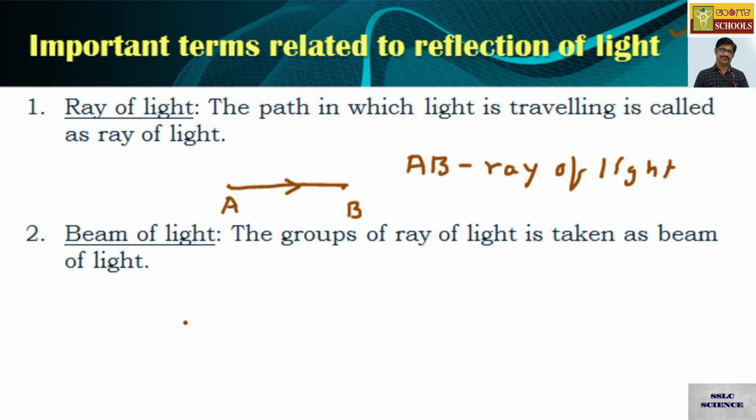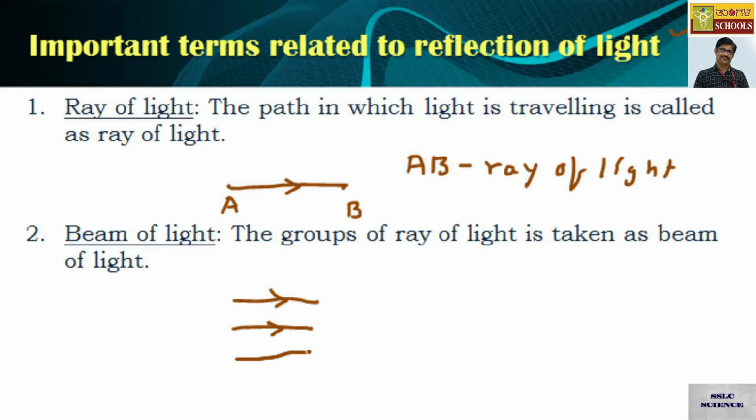Next one, beam of light. The groups of rays of light is taken as a beam of light. Assume there are so many points here, which means this is the first ray and this is the second ray.